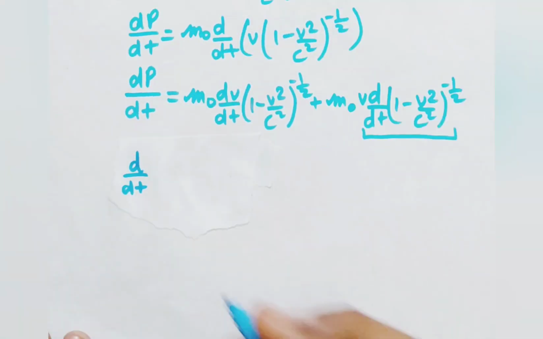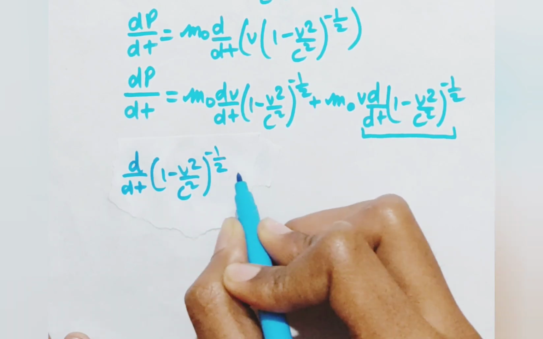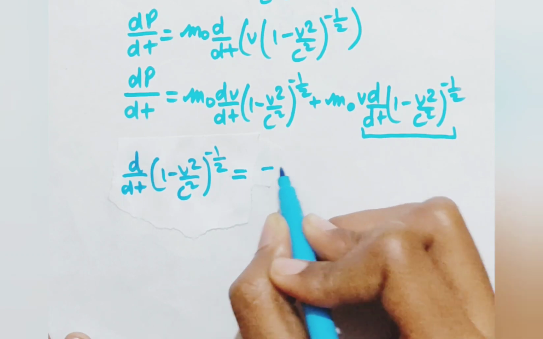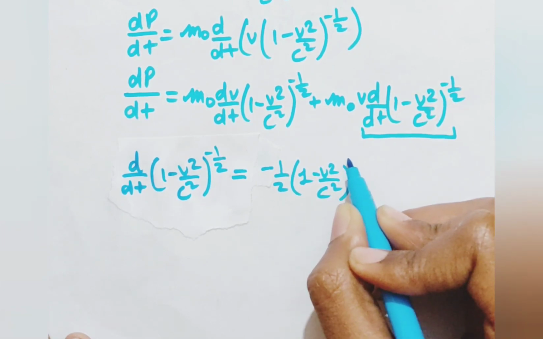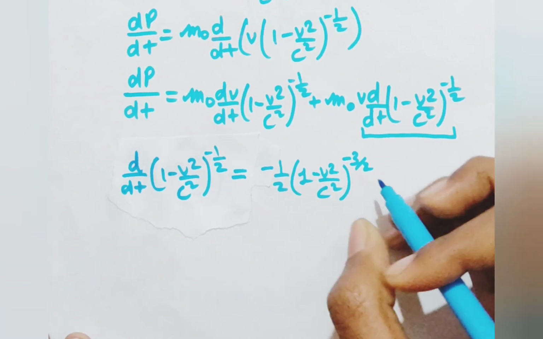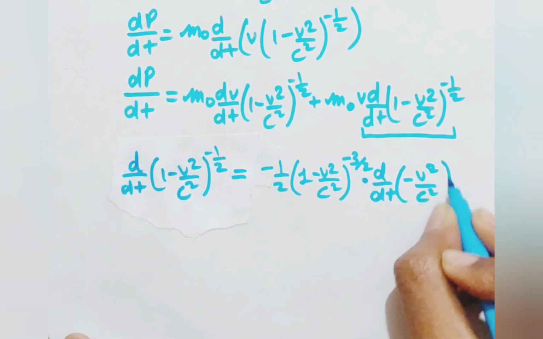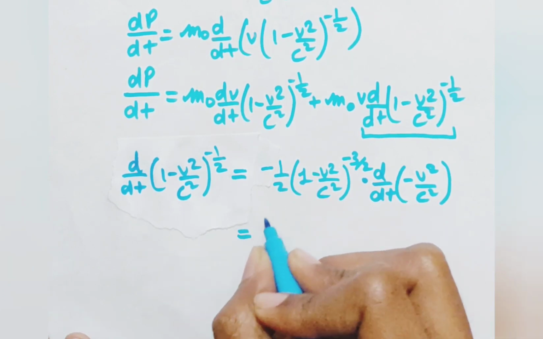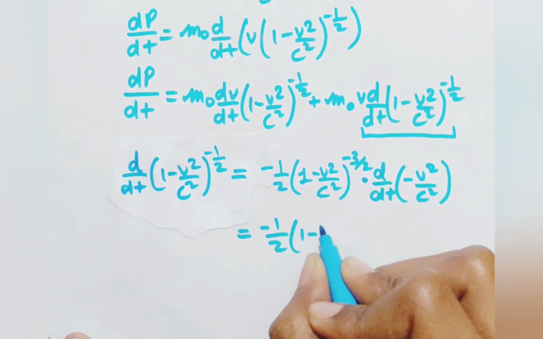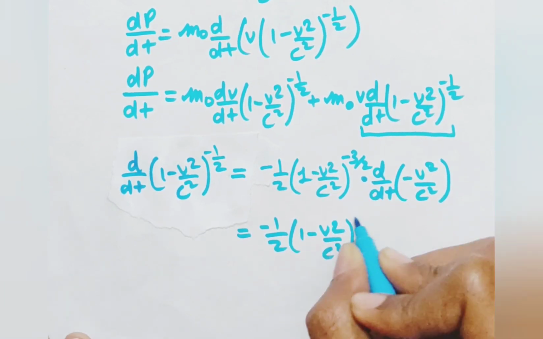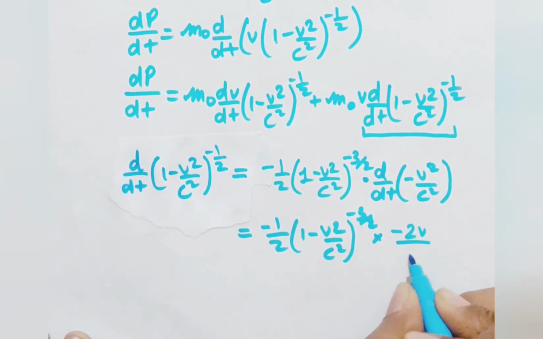So d over dt of 1 minus v squared over c squared to the power of negative 1/2 equals negative 1/2 multiplied by 1 minus v squared over c squared to the power of negative 3/2 multiplied by d over dt of minus v squared divided by c squared, which can be written as negative 1/2 multiplied by 1 minus v squared over c squared to the power of negative 3/2 multiplied by negative 2v divided by c squared.